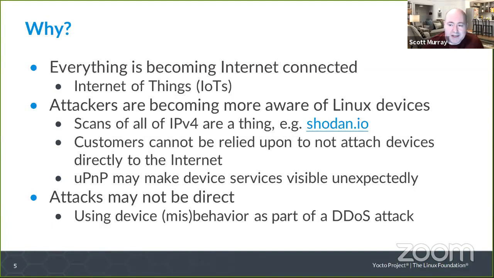There have also been some things recently around denial of service attacks coming from that. And speaking of that, the attacks might not be direct. It might be someone using your device as part of a distributed denial of service attack. And that's generally not something that you want to end up in the press for these days.